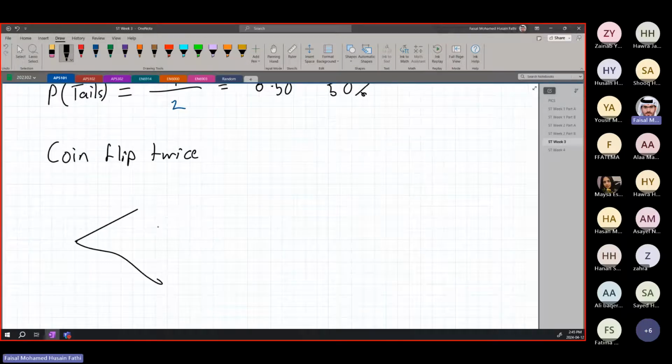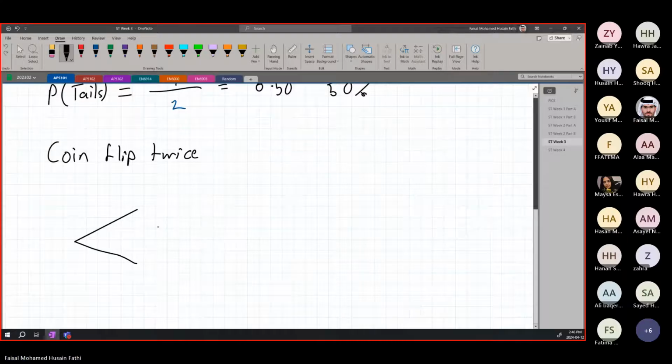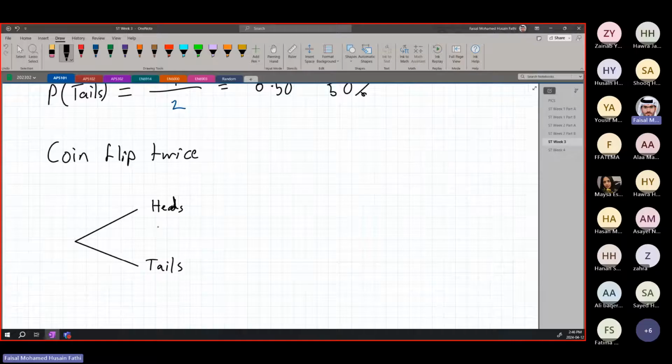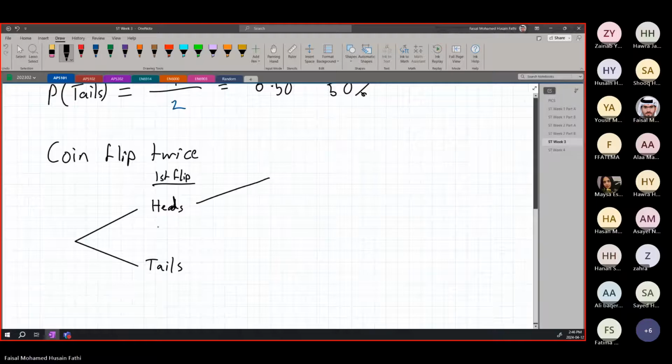We're going to have 2 options at the very beginning. We can have it first as heads or tails. This is our first flip. For our second flip, we're going to have an option for each one.